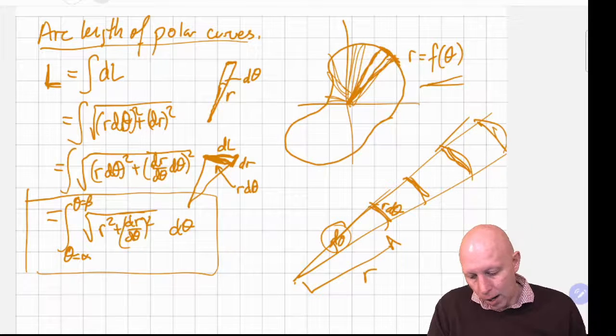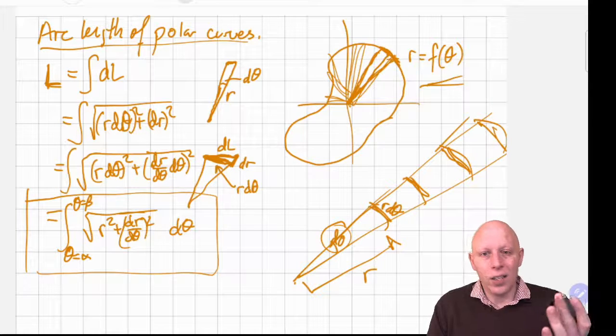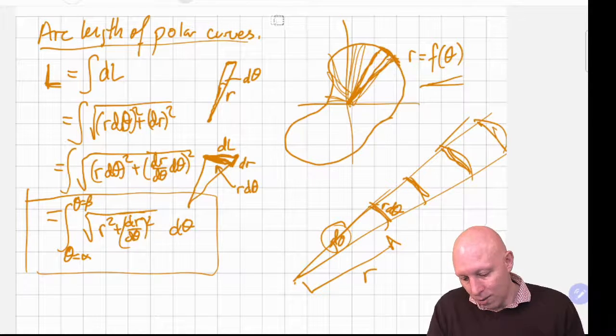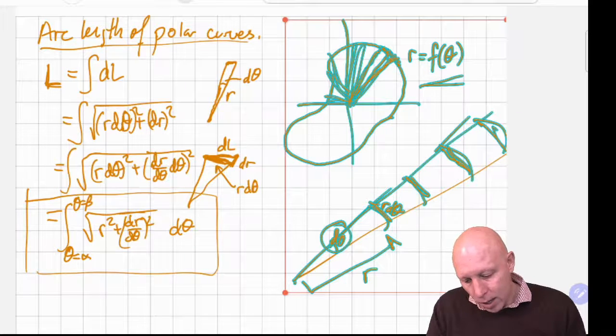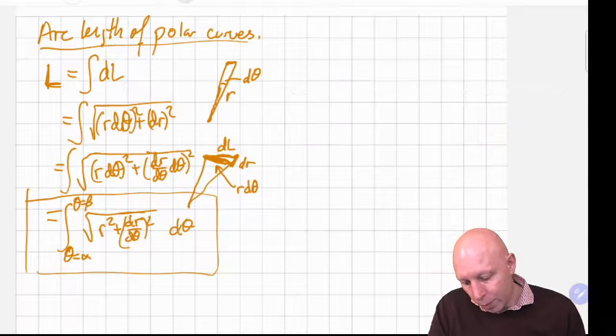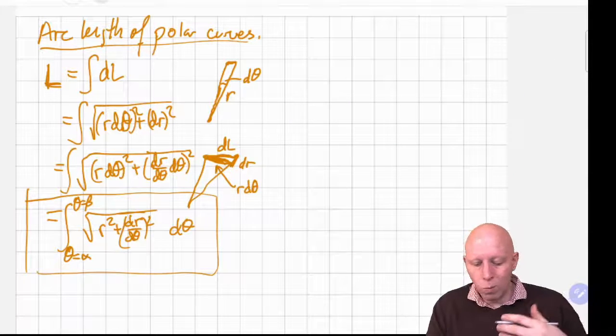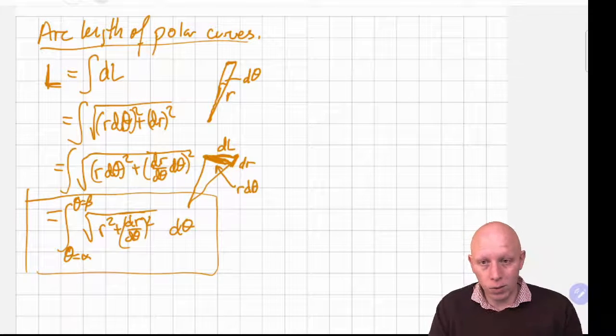What I like about this presentation is it really just starts from the idea that arc length is the integral of a whole bunch of little bits of arc length. But if you'd like, there's another way we could see this. Because we can now see polar curves as parametric curves, we could apply the formula for parametric curves.